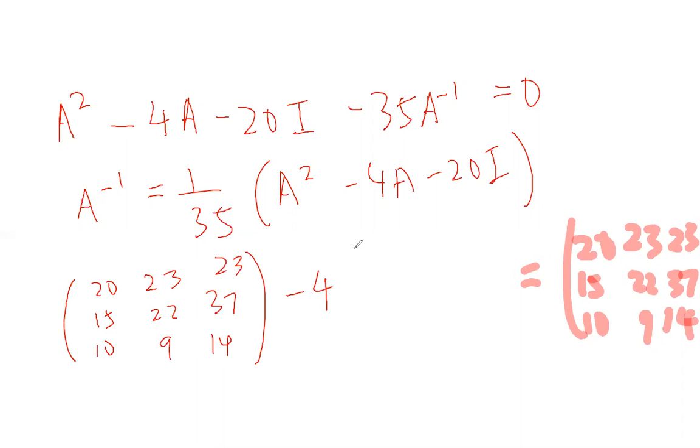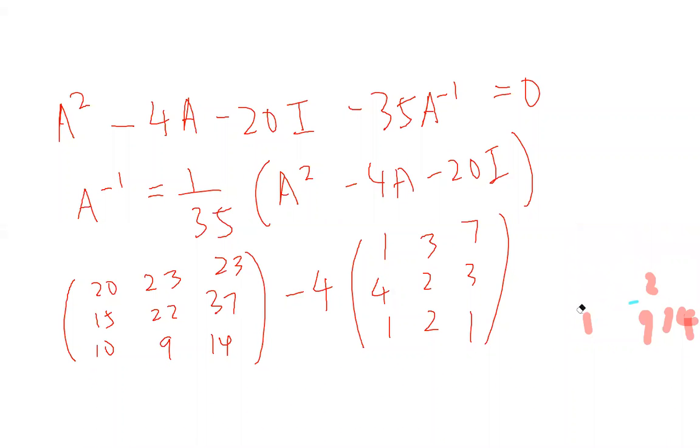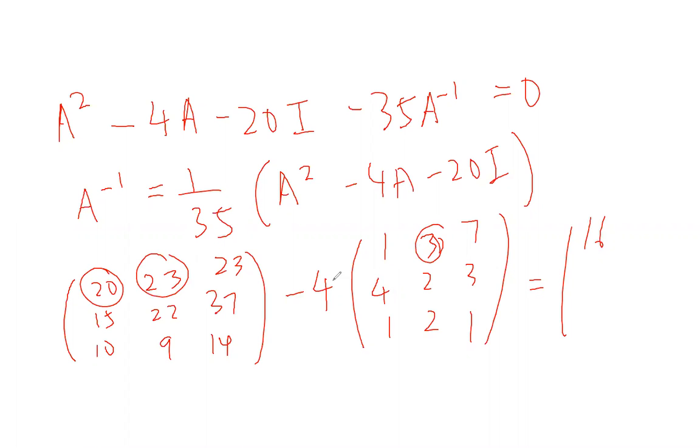Minus 4A, which is 141. So 20 minus 4 is 16. 23 minus 12, because 3 times 4 is 12, is 11.